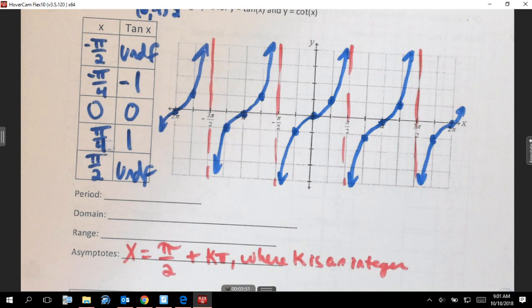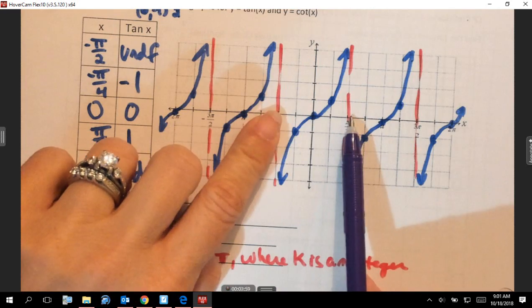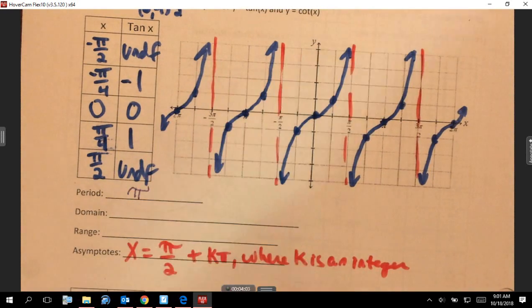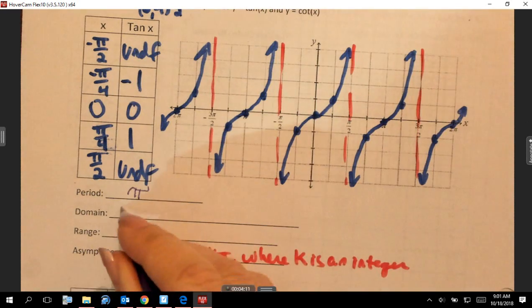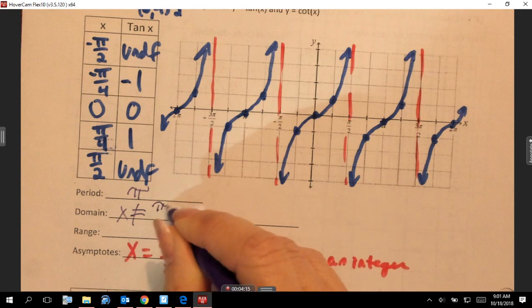All right. How about the rest of our information? The period. How far apart is one full cycle before it repeats itself? Pi. So that's the parent function period. So if I have a horizontal stretch or shrink, it's going to affect pi. Domain is going to be the same as the asymptotes, except not equal to these lines.